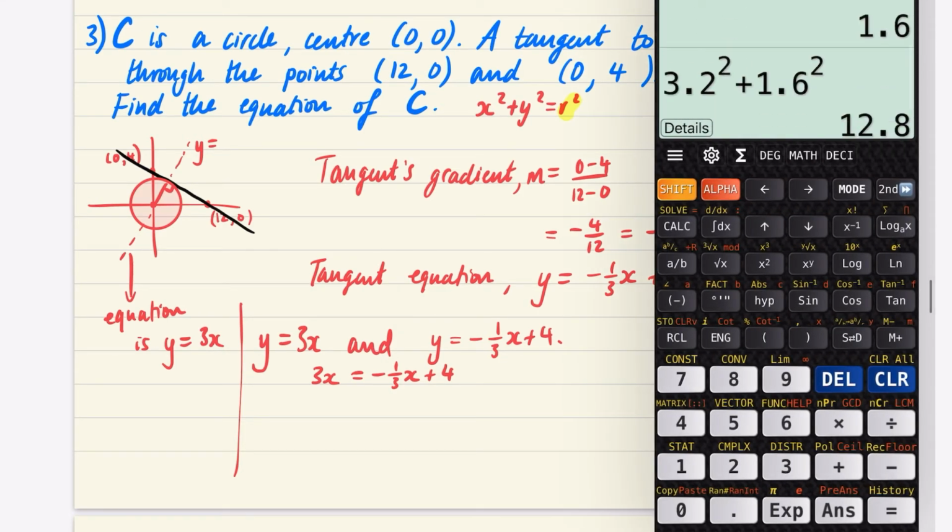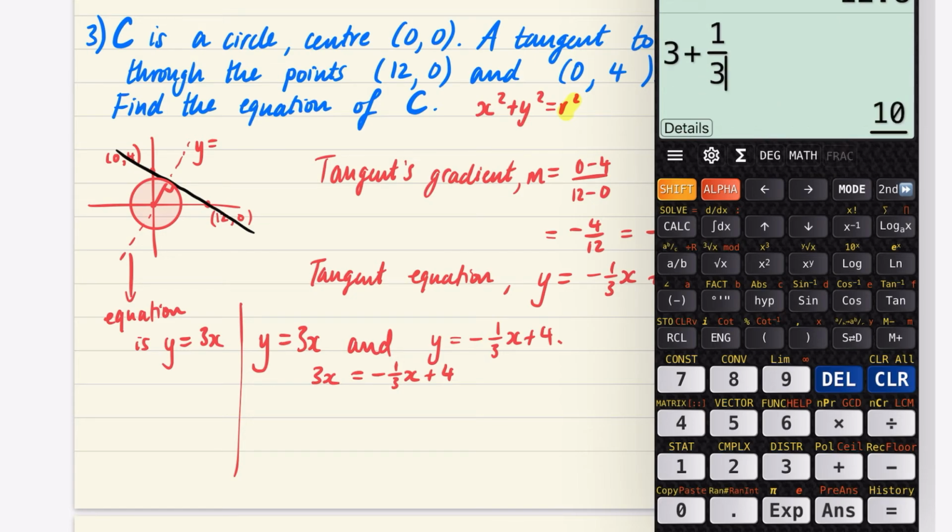Obviously you can do these things on a calculator, and sometimes it's good to do them on a calculator. 3 plus 1/3 is 10/3, so you get 10/3 x equals 4. So I'm going to do 4 divided by 10/3, which is 6 over 5. So x is equal to 6 over 5, which is just 1.2.